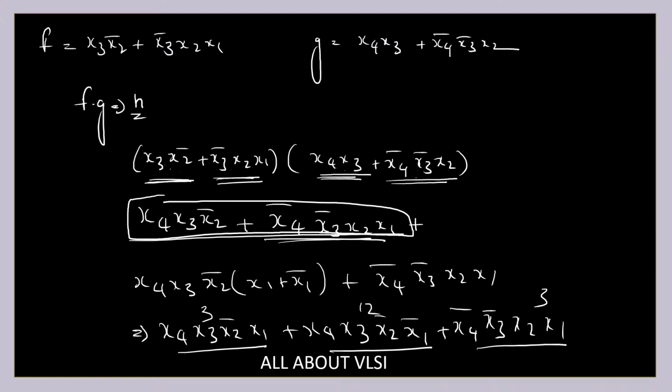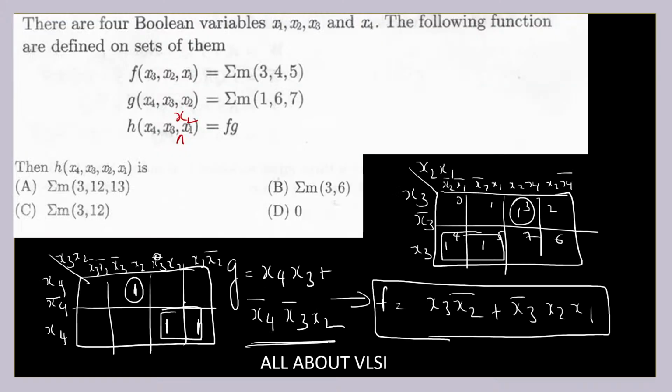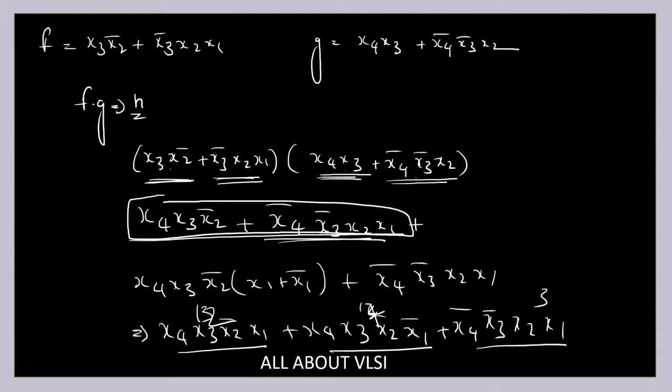Sorry, sorry. This is 14 and this is 12, 3, 14 and 12. This is x4, x3, right, which is equal to 12, and this is 8 plus 4, 12. 3, 12 and 14 I'm getting.